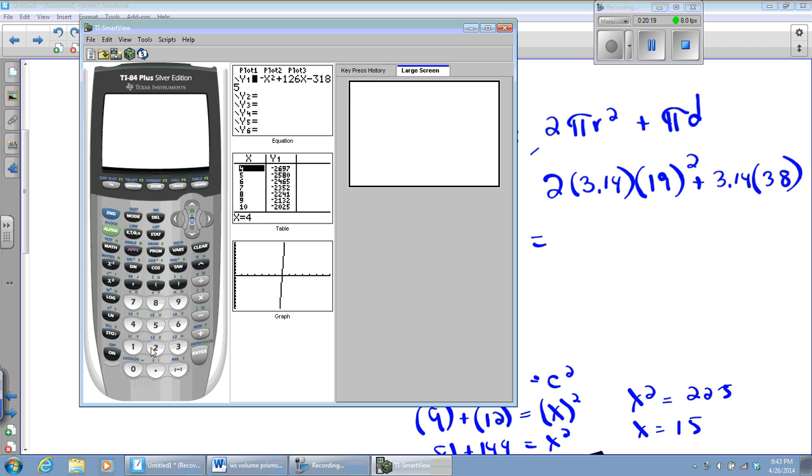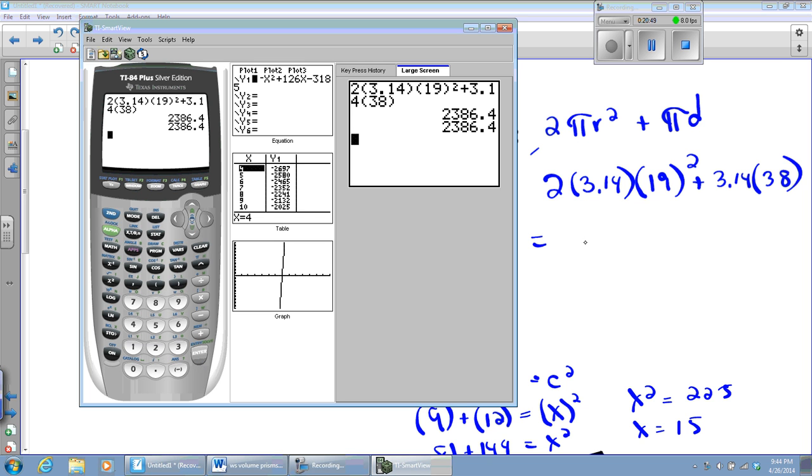I'm just going to type in exactly what I wrote. 2 times the quantity of 3.14 times the quantity of 19 squared plus 3.14 times 38. And there you go.